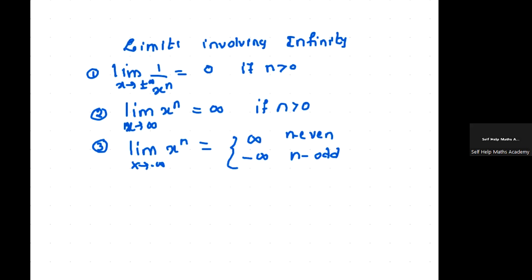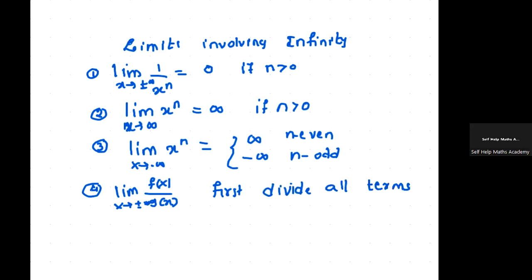And for example, if we have a rational function of the form f of x divided by g of x, say limit as x is tending to plus or minus infinity, where f of x and g of x both are polynomials, then we first divide all terms by the highest power of x that appears in the denominator.